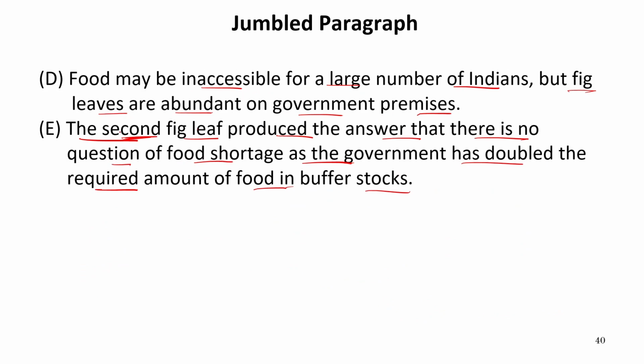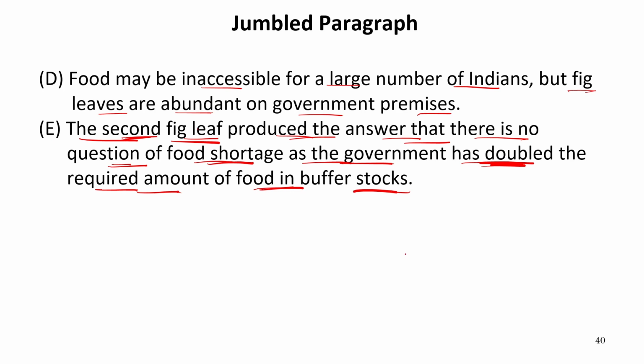Now let us see this E sentence again. The second fig leaf produced the answer that there is no question of food shortage as the government has doubled the required amount of food in buffer stocks.